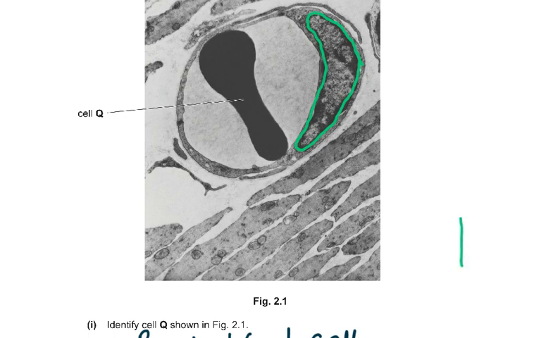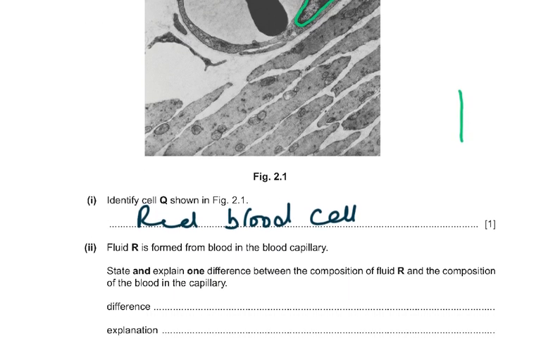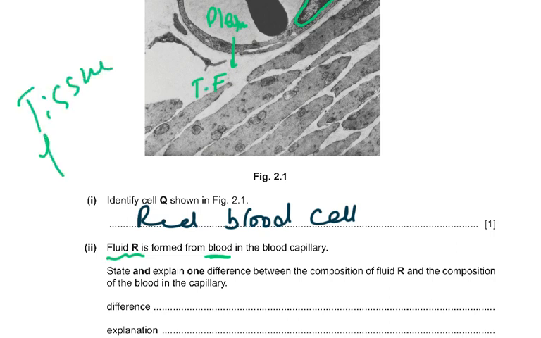Identify cell Q shown in figure 2.1, and there's a red blood cell. Then it says fluid R is formed from blood, from the capillary. As long as the fluid is inside the blood, we would say that is the plasma. As soon as that fluid comes out, it is called tissue fluid. Of course, you can't use the word TF, I'm just saying that it's tissue fluid.